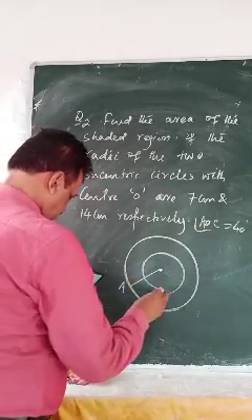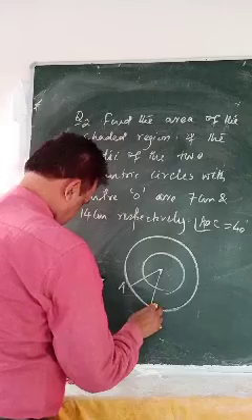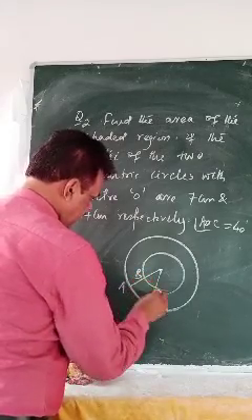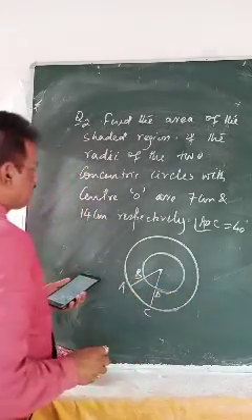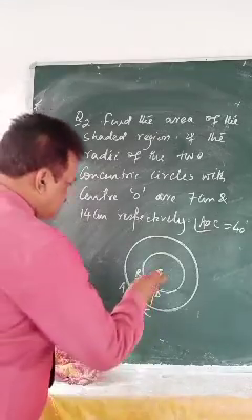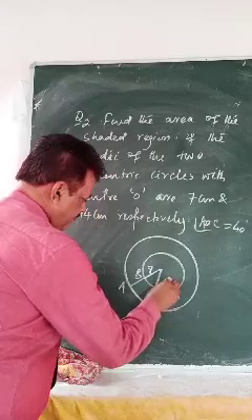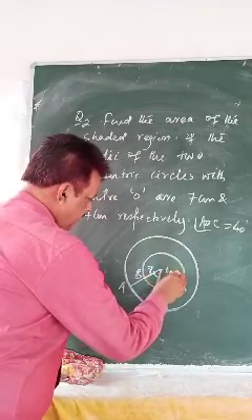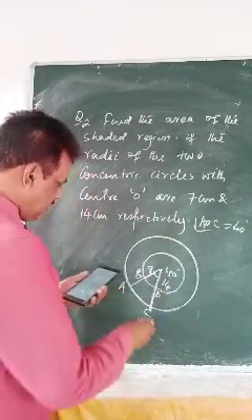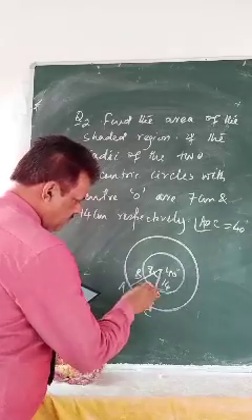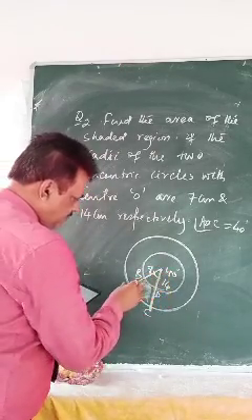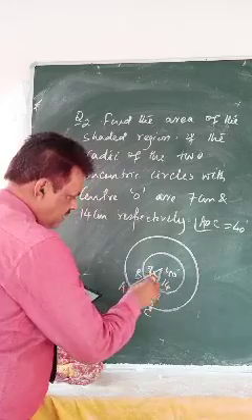A, C, B, D. This is 7, this is 14, this is 40 degrees. So you are asked to find this one. That means area of the big sector minus area of the small sector.